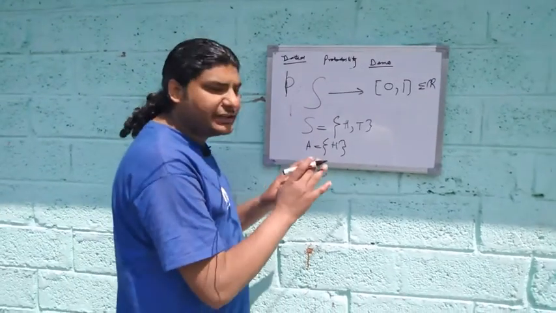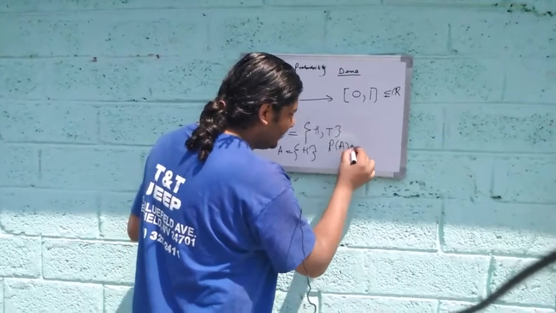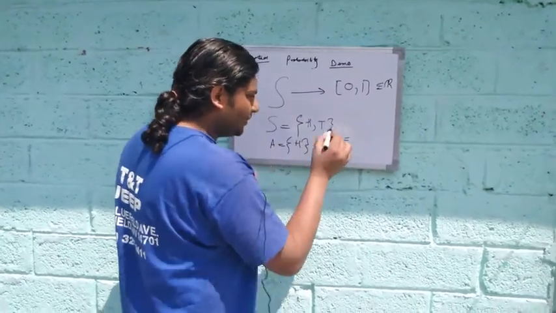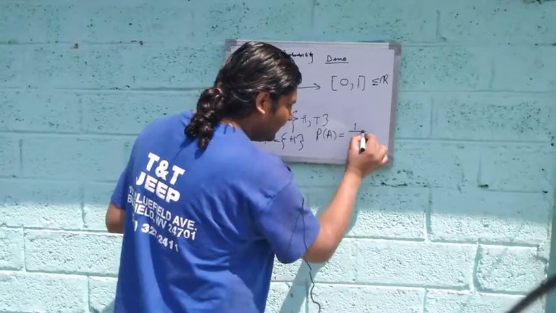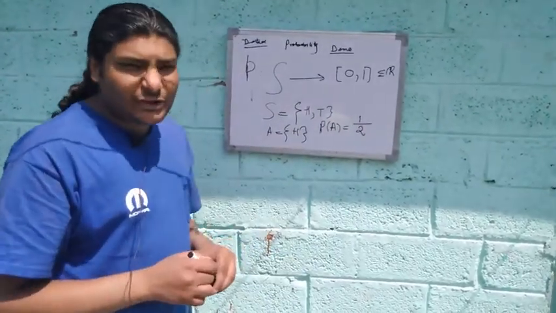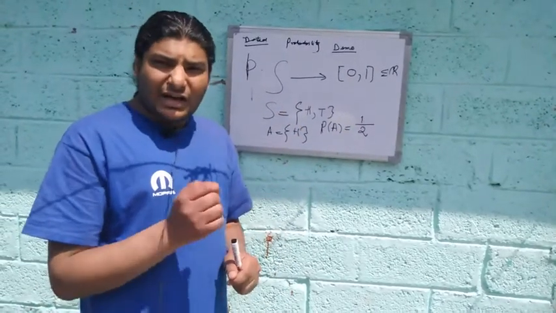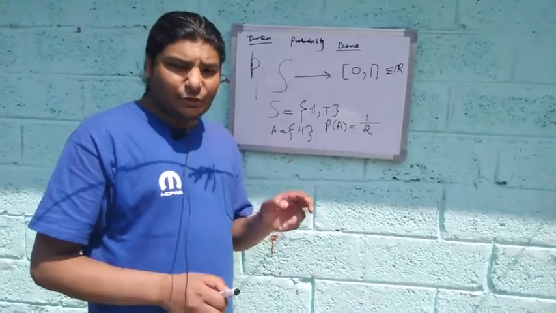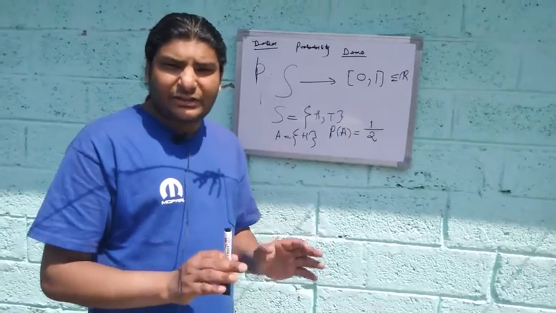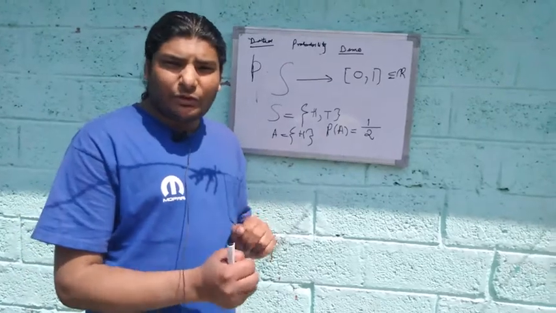Using the classical definition, the probability of occurrence of A is simply the number of favorable outcomes, which is 1, divided by the total number of outcomes, which is 2. So this 1 by 2 is a number that lies between 0 and 1. It means there is a 50% probability that a head will occur when a coin is tossed.